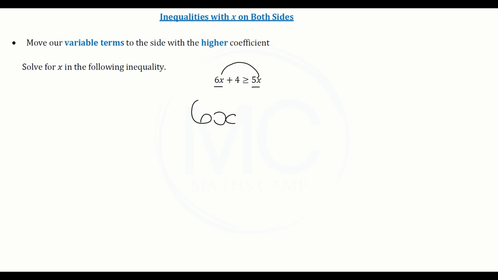To move 5x, we're going to say negative 5x. Then we have greater than or equal to. And now we're going to move our 4 to the right, and we get negative 4. 6x minus 5x is x, which is now greater than or equal to negative 4.